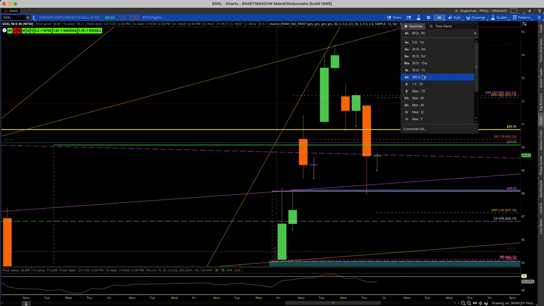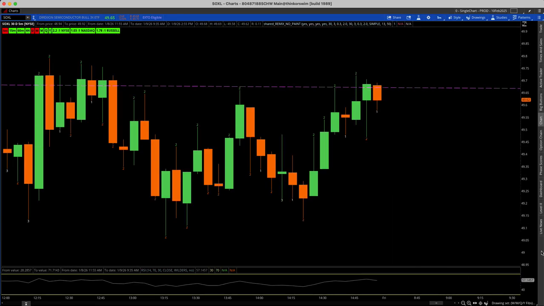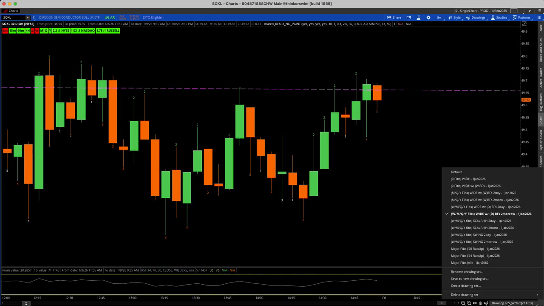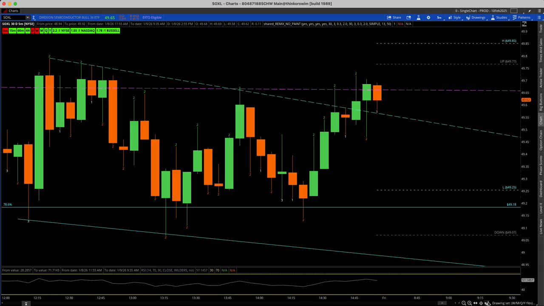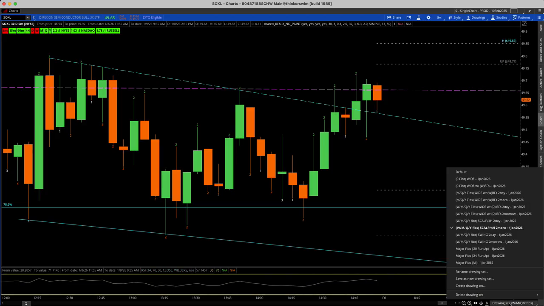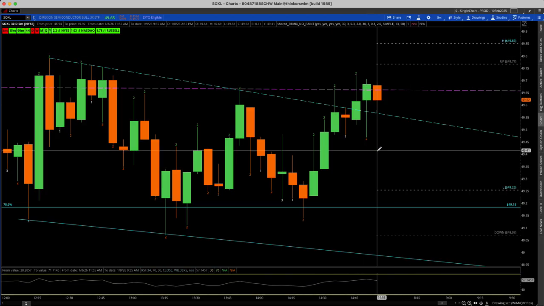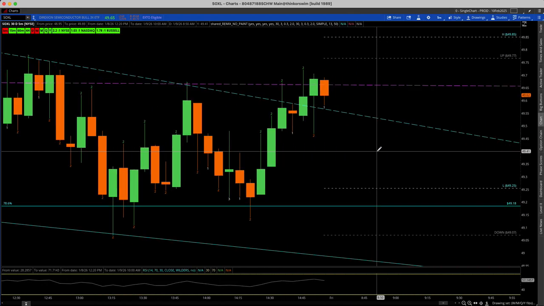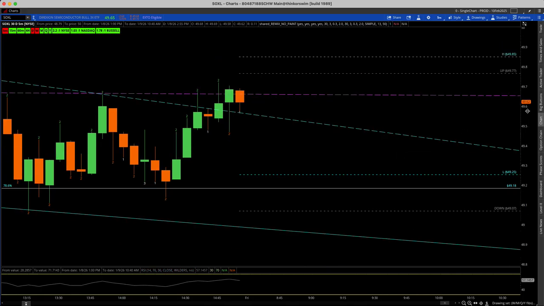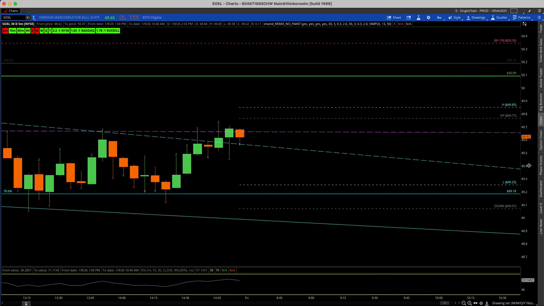Let's go to the 5-minute, zoom back in here, and take a look at the scalping chart and get prepared for tomorrow's action. We're already on the scalp chart. So for tomorrow, on our chart, we have the 4 hour markers out here.